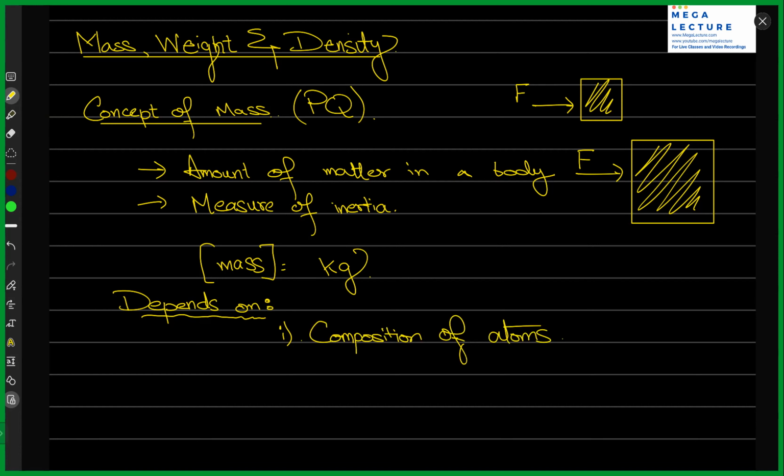The more the matter is in the body, the more the mass is. And how can I get more matter? By increasing the number of atoms, right? And how can I make something more dense? If this is my object, and in this volume I add more and more atoms, then it would make this object more and more dense, right? Is that clear?